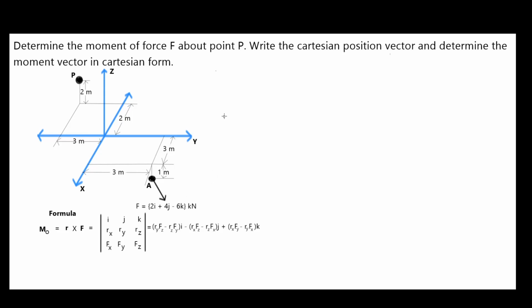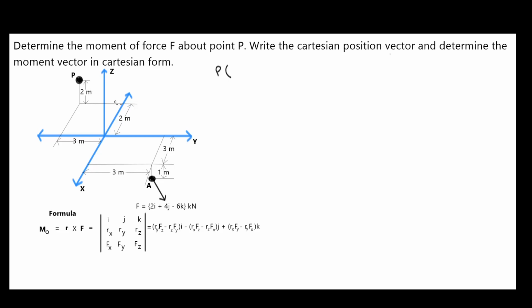To find my position vector, I like to find the specific coordinates of each of the points that are going to be in the vector. Starting with point P. In a typical three-dimensional Cartesian setup, x over here is going to be positive, any y values over here are also positive, and any z values going up are positive.